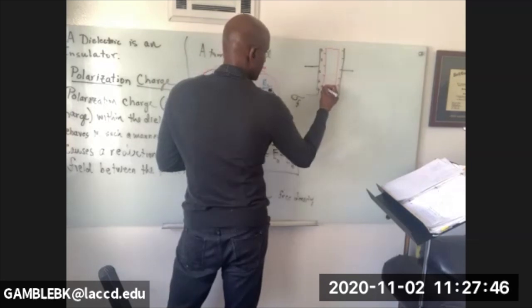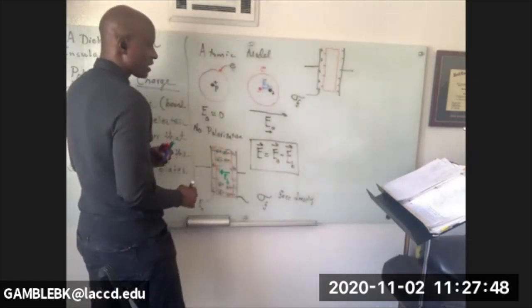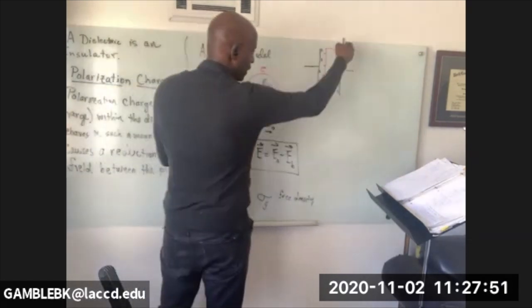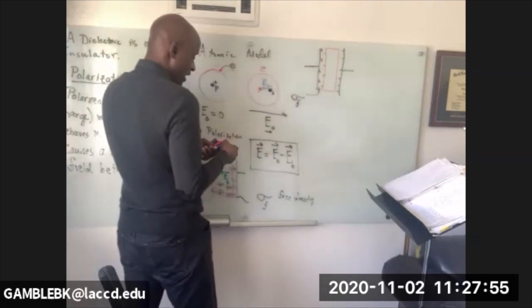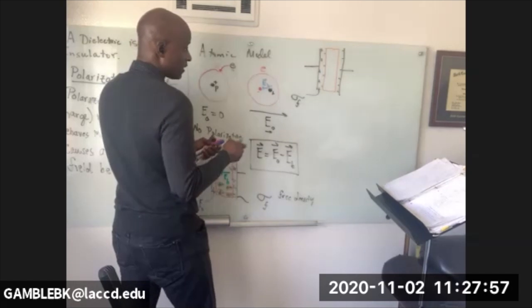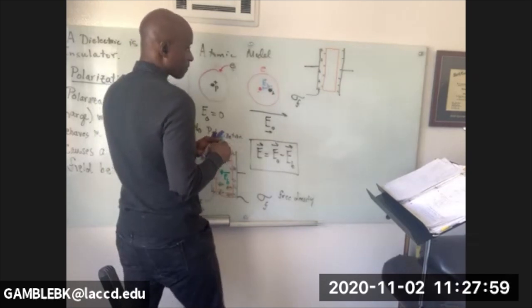It won't be as much as the sigma free, but it'll be enough to cancel a little bit of the field lines trying to go through there. And on the other side, I'm going to have sigma plus.